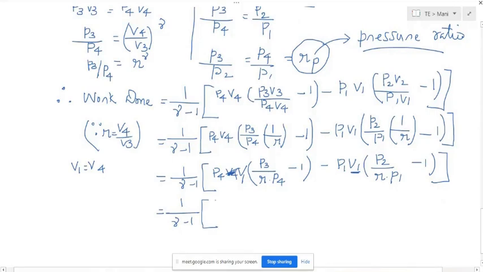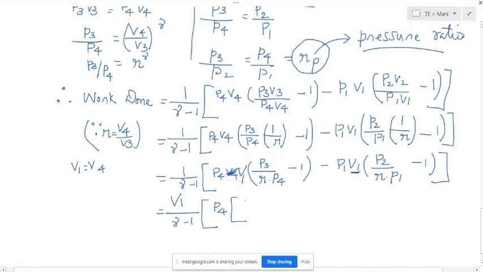Here V1 is common, so simply take V1 outside, and the rest will be P4 into, again, P3 by P4.